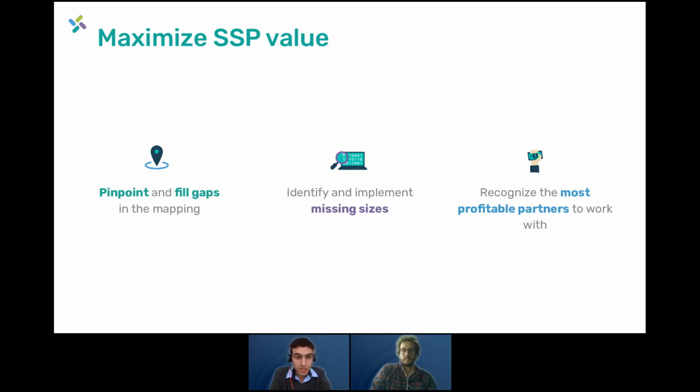You will be able to check if you are sending the same number of bid requests to all of your SSPs on each of your ad units. And obviously, if you find that it is not the case, then this means that you have some sections of your inventory, some instances of your ad units, that are not covered by your SSP. And the action is obviously to go and check within the wrapper what is missing.